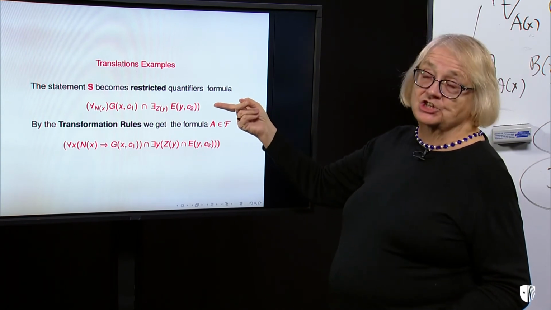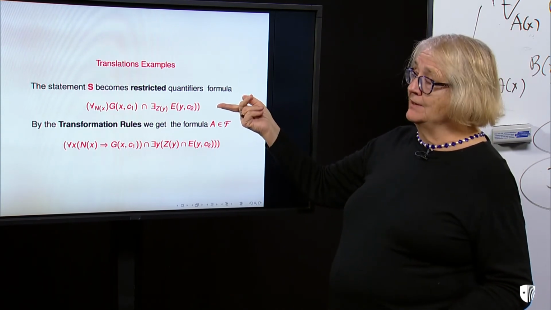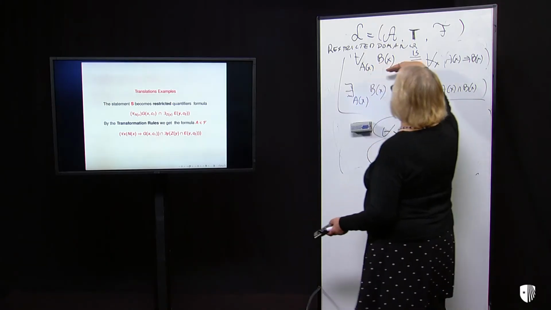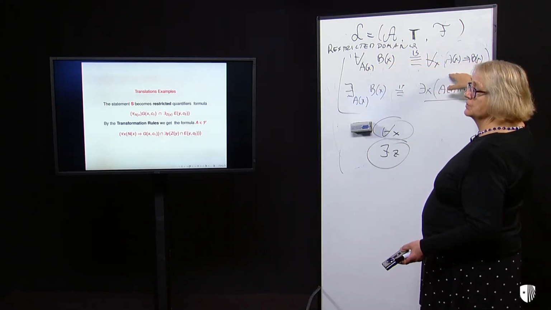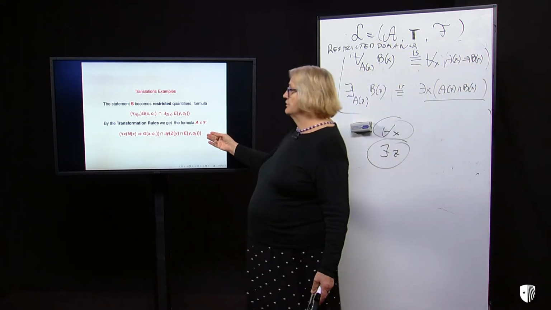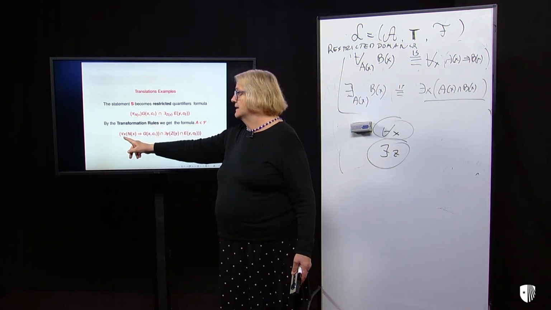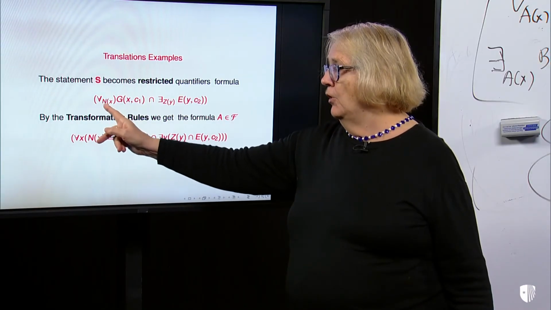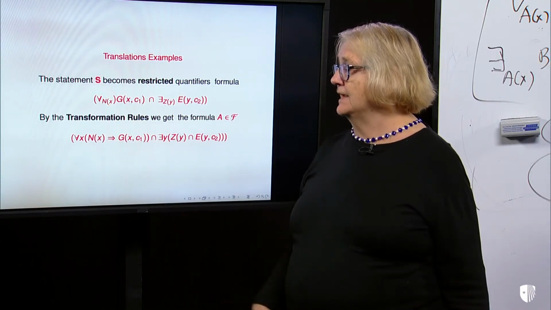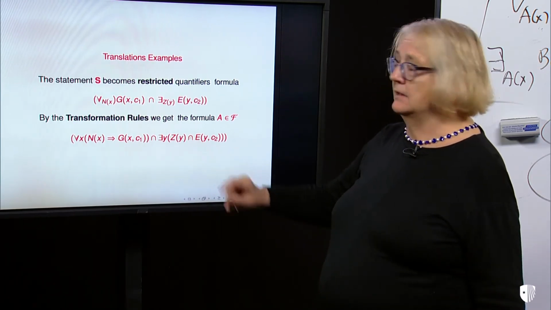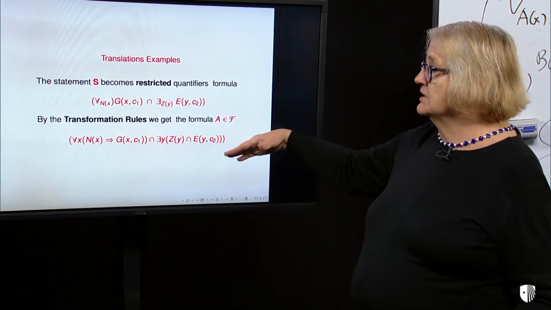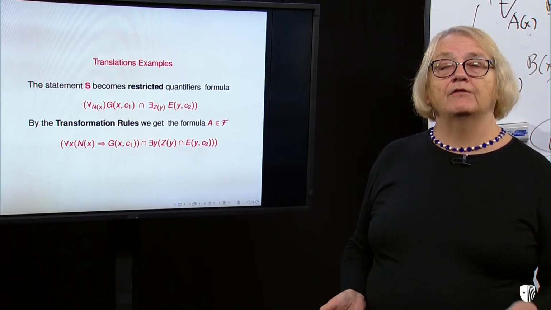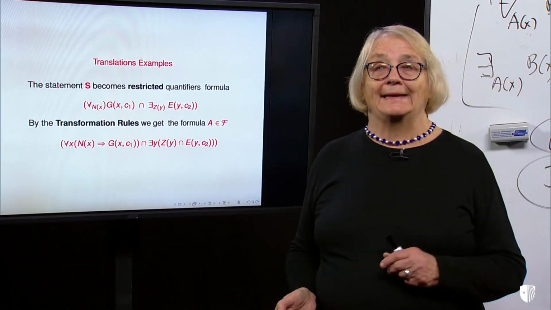Now this is the restricted domain quantifiers formula. And now you use the restricted domain rules to write a real logic formula. For all x, Nx becomes an implication, with the implies connective. And that is a proper formula of our predicate language.